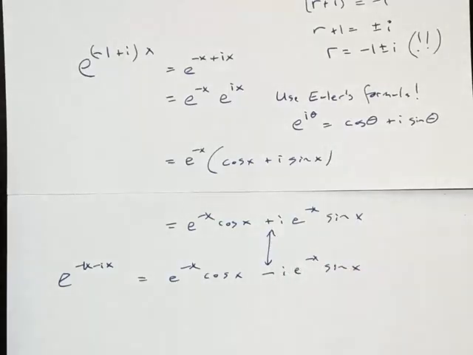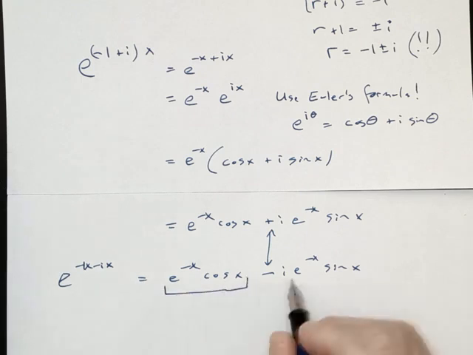difference right here. Which means, with a little bit more algebra, I can show that those two pieces, e to the x cosine piece and the e to the x sine piece, they're independent solutions. Notice I leave off the i.